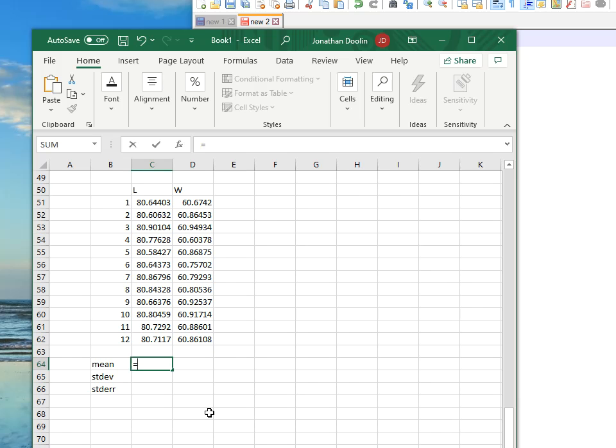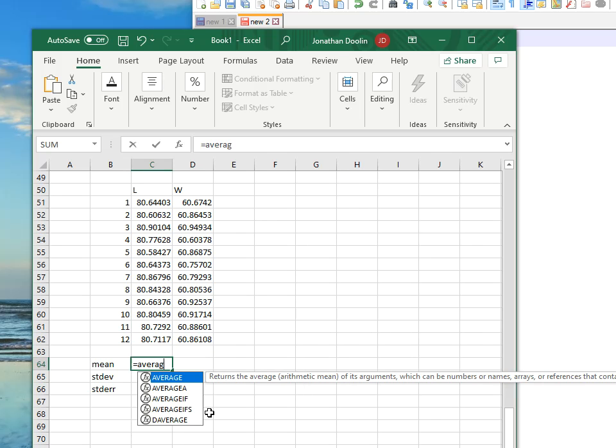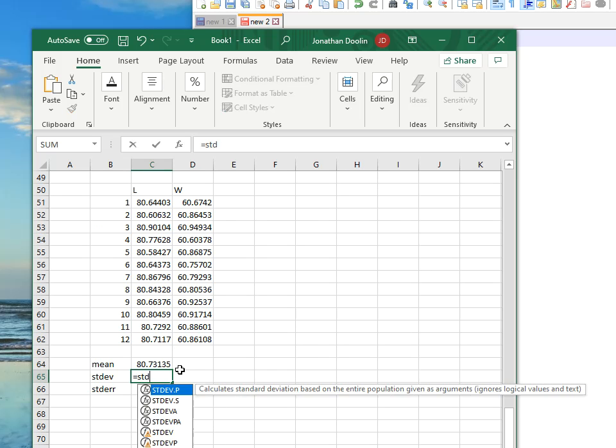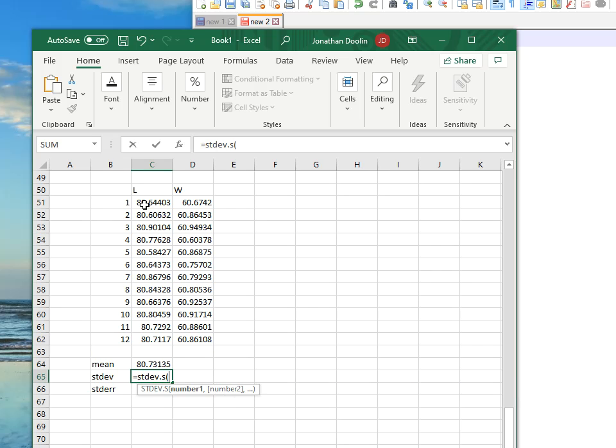This is equal to the average of all of these things. The next one is equal to the standard deviation dot S, parentheses, of all of these things. And then the standard error is equal to the standard deviation divided by the square root of, in this case, 12, because there's 12 objects up there.